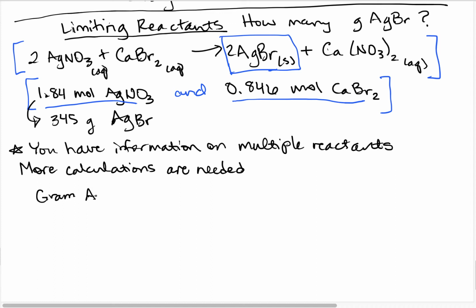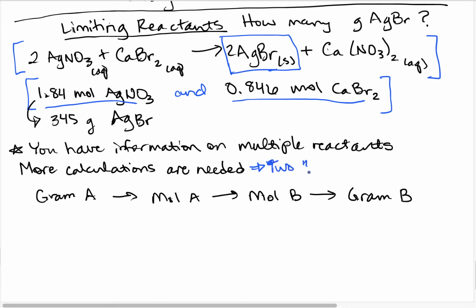So when we look at which calculations, we're doing exactly the same thing that we did before. We have our flow chart, grams to moles to moles to grams. We figure out where we are on the flow chart and where we need to be. So we have two A's. That's the difference. Okay? We have two A starting points.